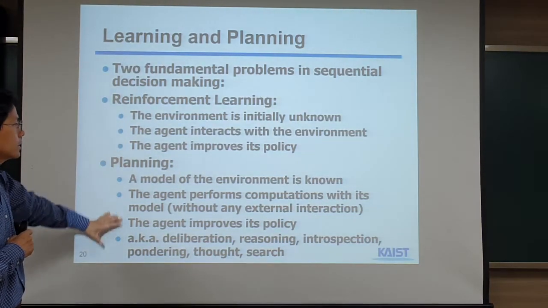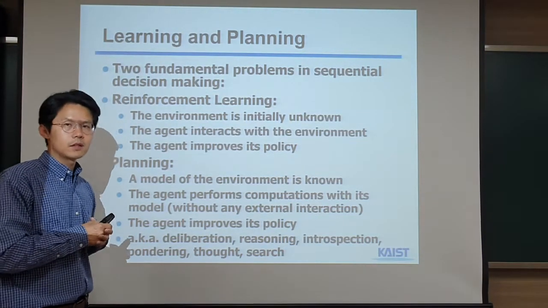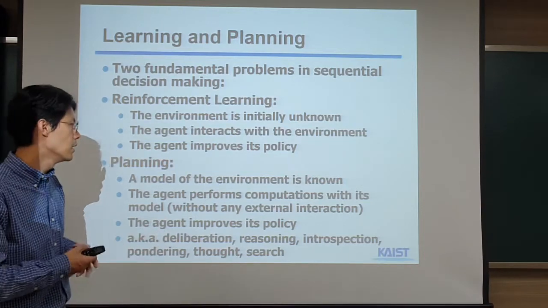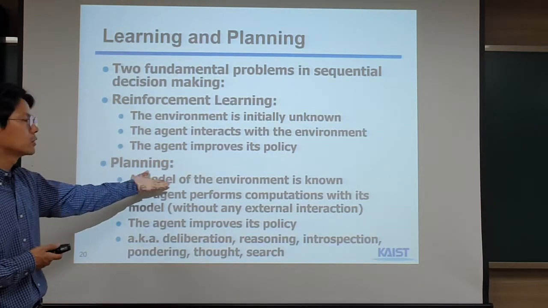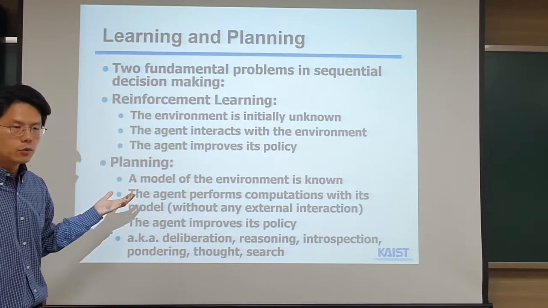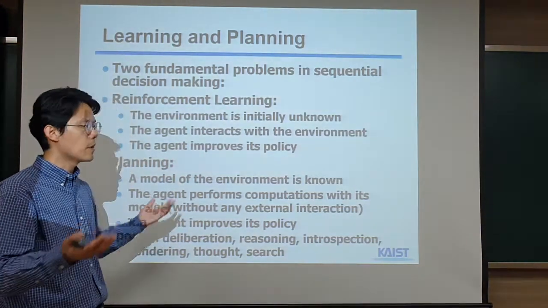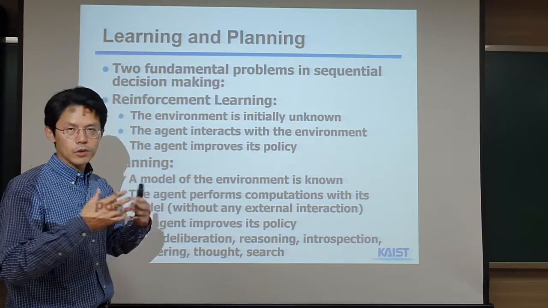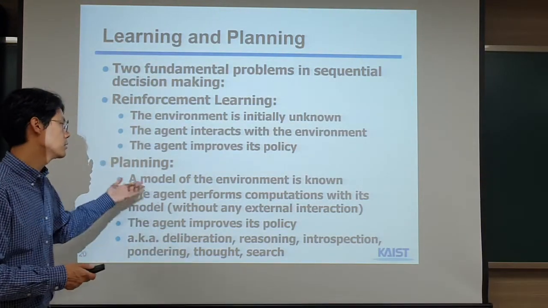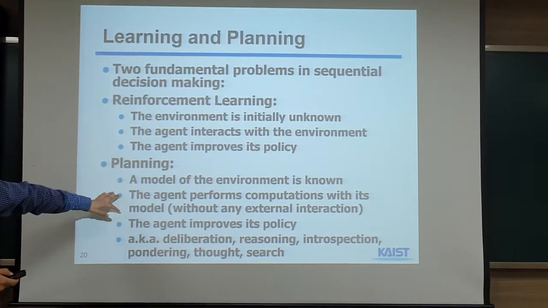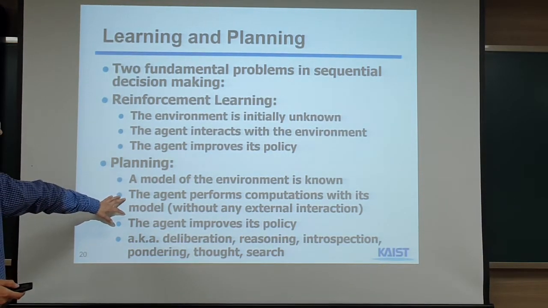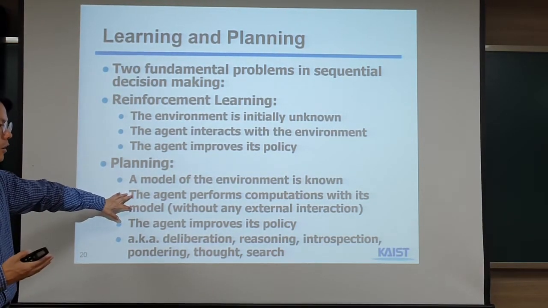On the other hand, when I talked about planning, roadmap and RRT, we assume that environments are already known, right? So we assume that there is a triangle mesh, an octomap, or a point cloud of the environment map, and then we can do collision detection, right? So the model is given, and the agent performs the computation.